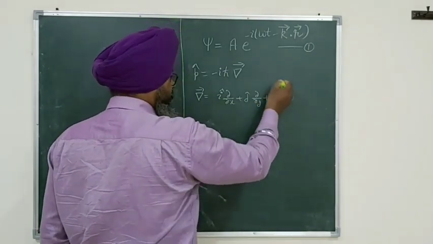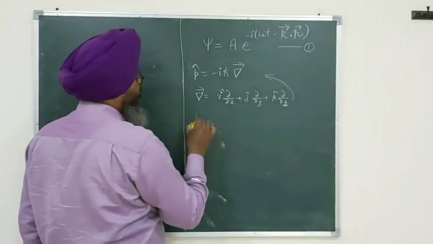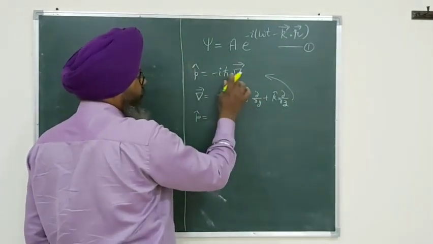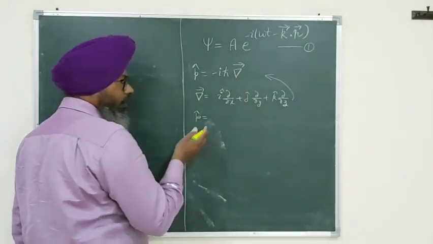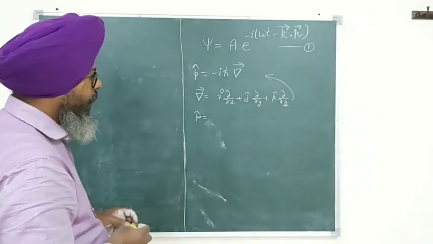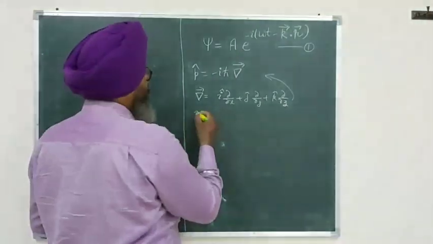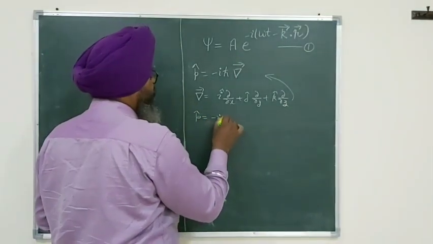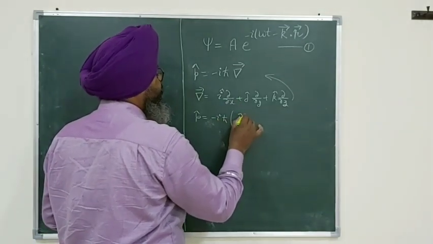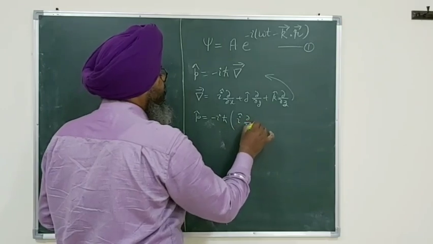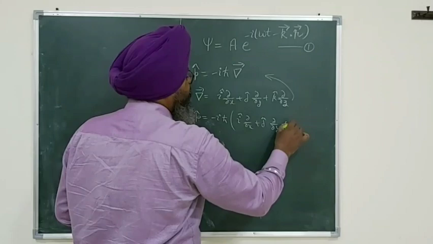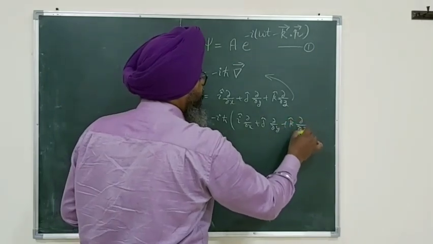If I put this value of del here, then I can very easily say that p cap is the operator for total linear momentum. The earlier three operators were for linear momentum components.